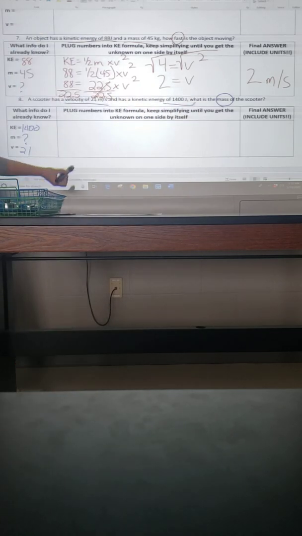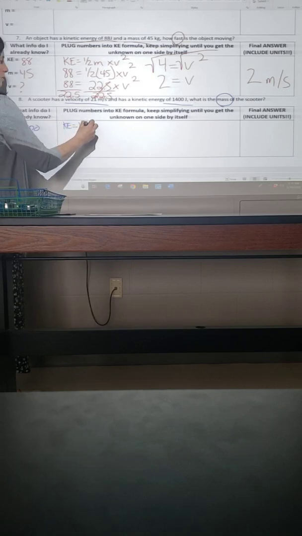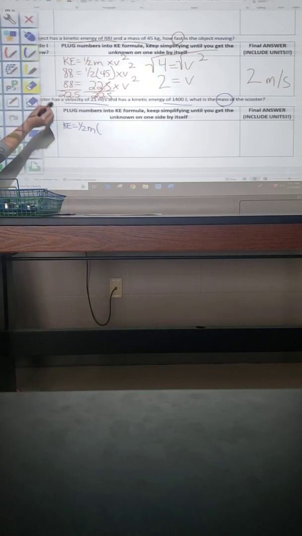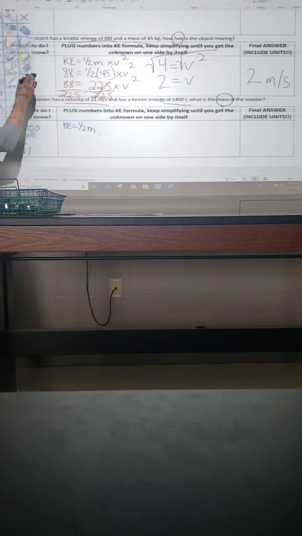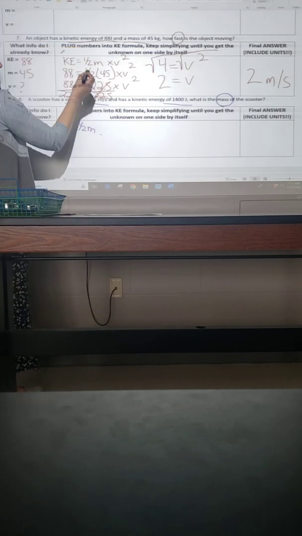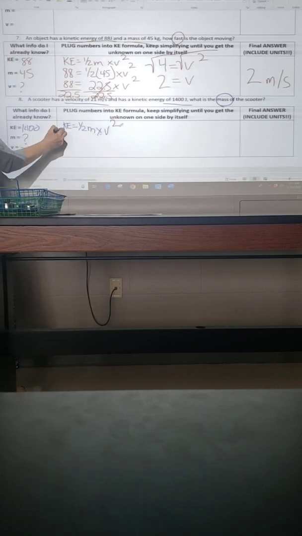All right, so my KE equals 1/2 mass, oops, got ahead of myself, times v squared. I fill in my 1,400.